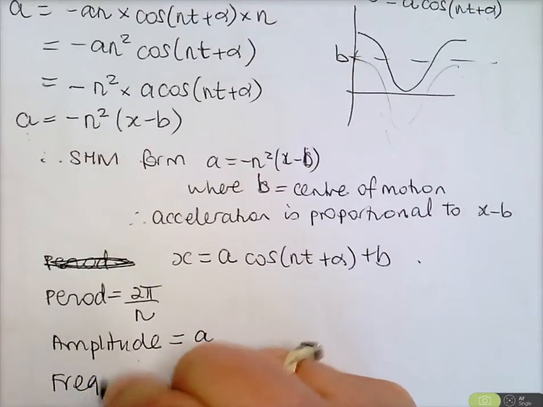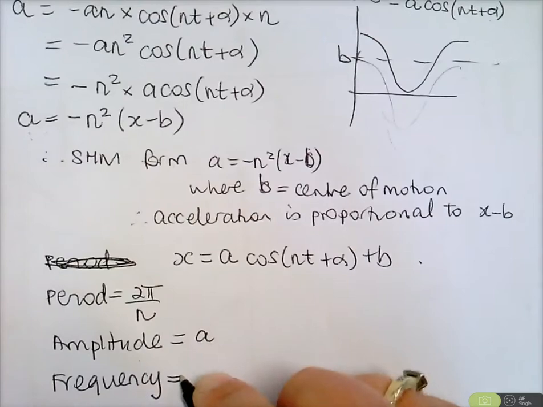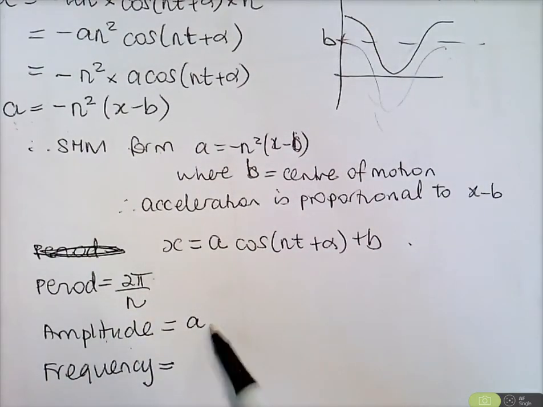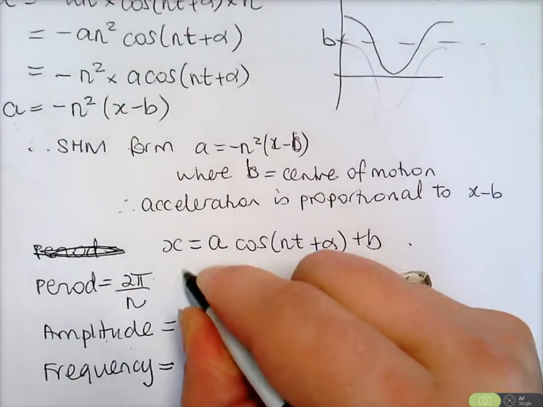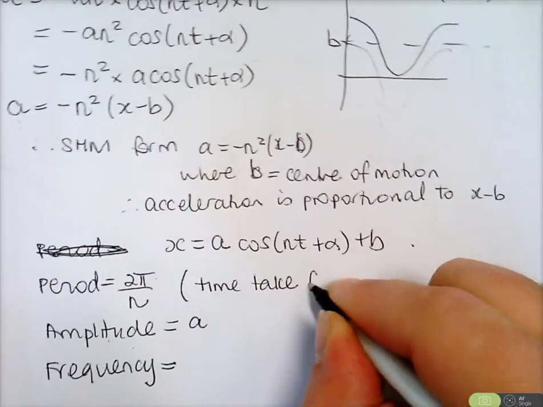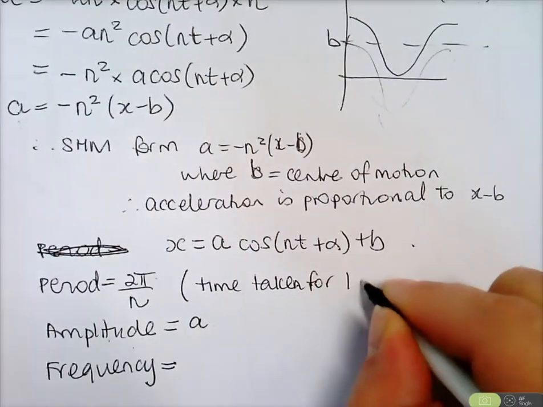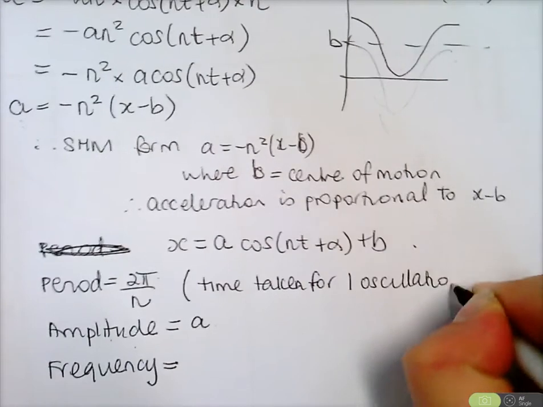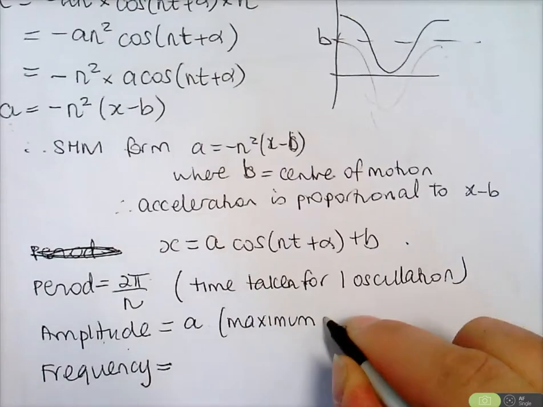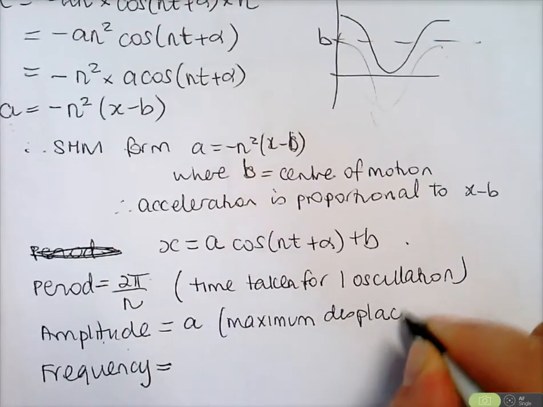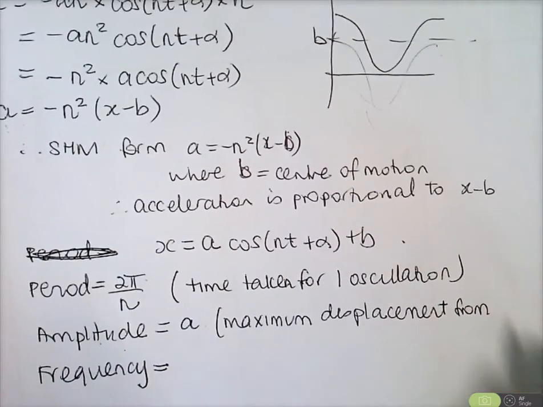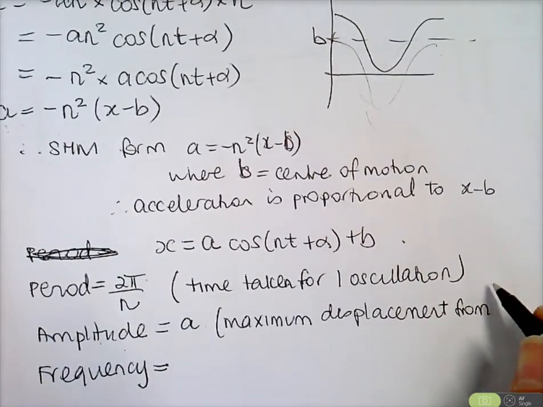Now, these are some new things. Frequency, we haven't done. So the frequency equals, so this is new. So you can write down your period, you can write down your amplitude. Period is the time taken for one oscillation. The amplitude is the maximum displacement, this time from where? The origin or from somewhere else for this one? From the centre of motion, in this case it's b.